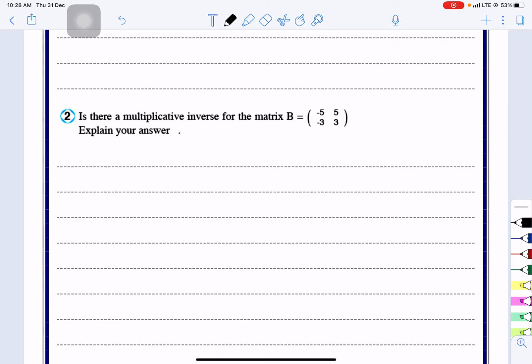Is there a multiplicative inverse for the matrix P? At first, find delta of P, the determinant of this matrix, negative 5, 5, negative 3, 3. Negative 5 times 3 equals negative 15, minus 5 times negative 3 equals negative 15.